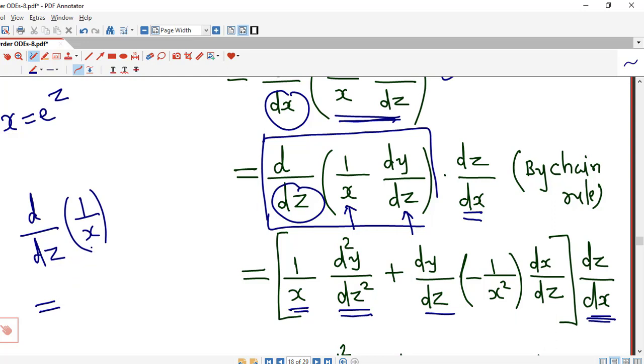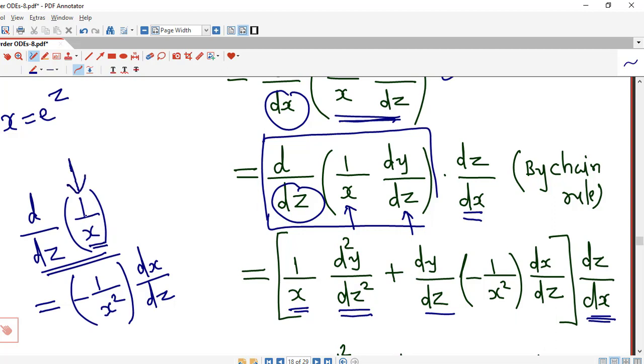For that we differentiate 1 by x with respect to x. The derivative of 1 by x with respect to x is minus 1 by x square, and in the product we have to write the derivative of x with respect to z. So here we have applied the chain rule. First we are differentiating 1 by x with respect to x, and because this is a derivative with respect to z, we multiply by dx by dz. So that we have written here.